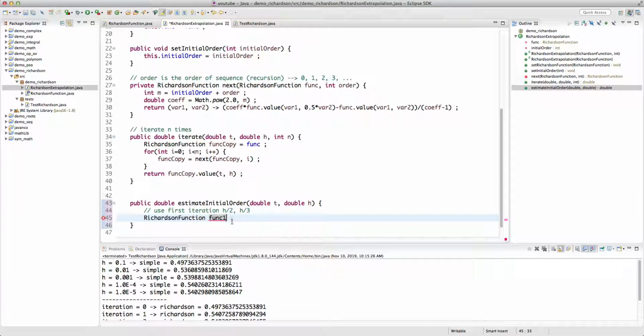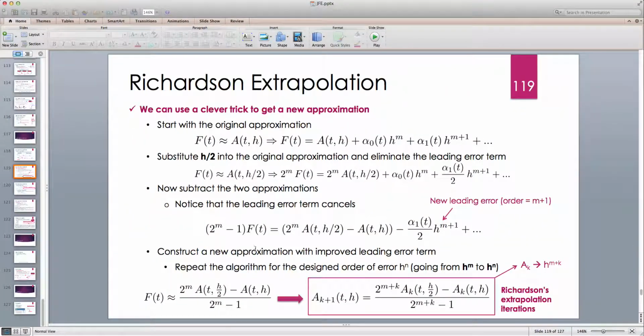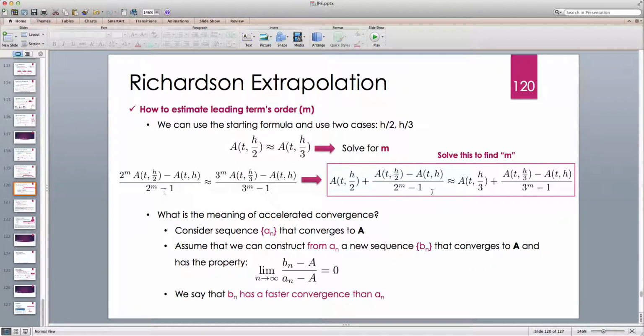And if I go back here in the slides, we have the original Richardson function, A of t and h, and then we have to substitute h over 2 and h over 3.